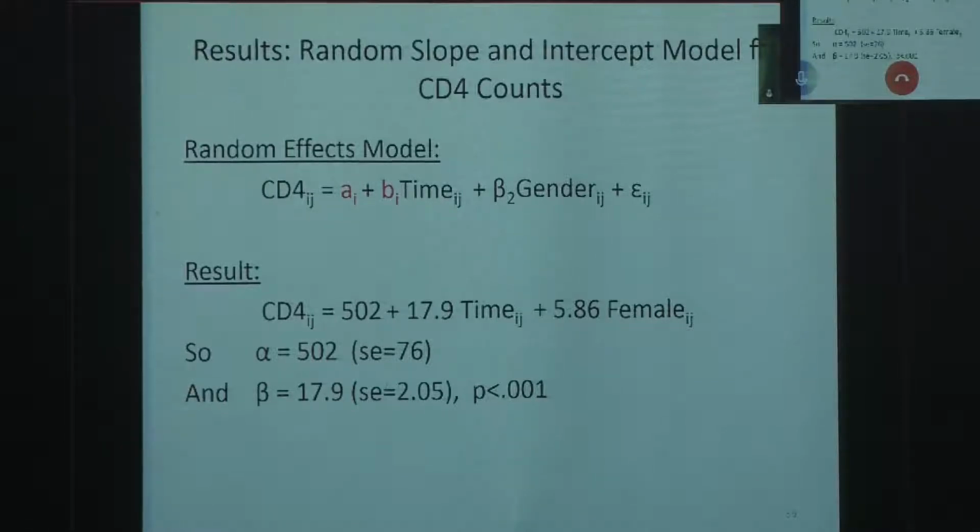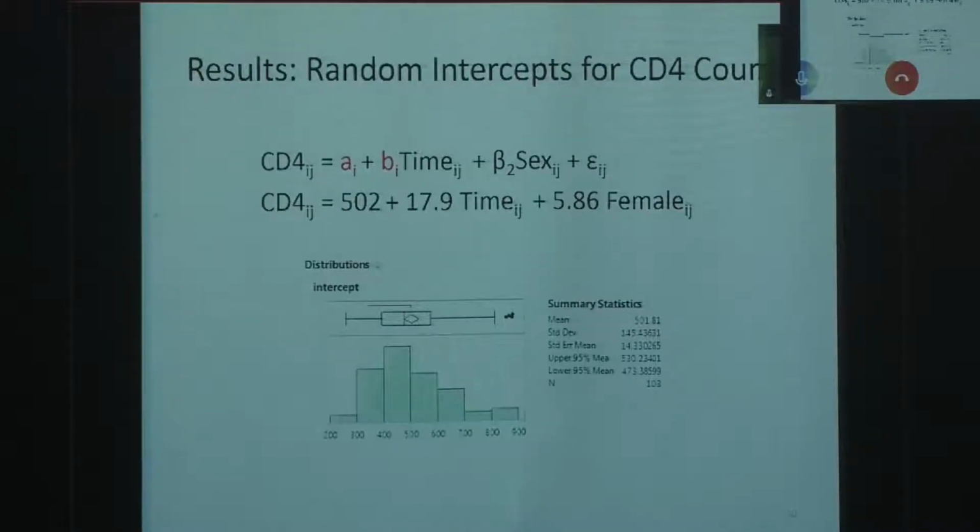If you want to see where it got the 17.9 and the 5.86, the beauty with this model is I can do it for you. So when I ran this model internally, there's 103 people in the database, which means there were 103 intercepts. And here's the distribution of the intercepts. Here's a histogram.